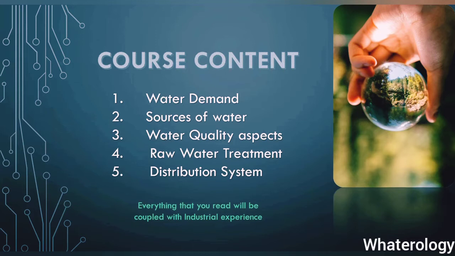Then once you are done with your water sources, then you need to check whether the water that you have chosen from a source is good for use or not. So if it is having some problems, you need to provide some treatment facilities. Okay, so first you need to analyze the water quality aspects, and accordingly you need to give it some treatment. Now, what are the various kinds of treatments in groundwater, surface water, that we will see. Then comes the distribution system. Once we have treated, we have stored the water, we need to distribute it.